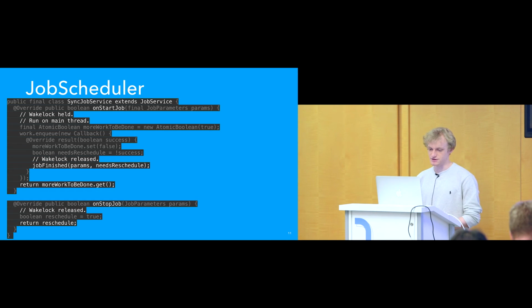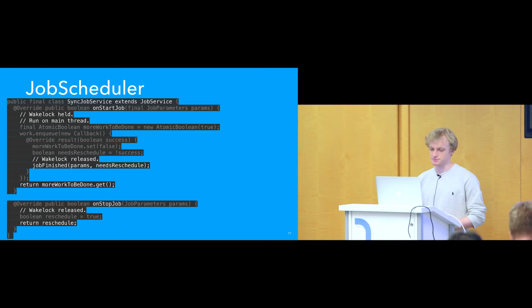Then you do need to call jobFinished when you actually finish. If you don't, the wake lock won't be released until the conditions from your JobInfo are no longer met. You'll show up in the battery stats. You'll be shamed by Android.